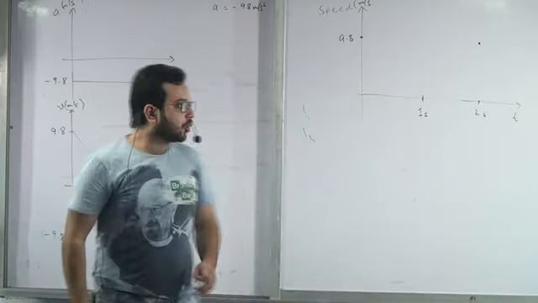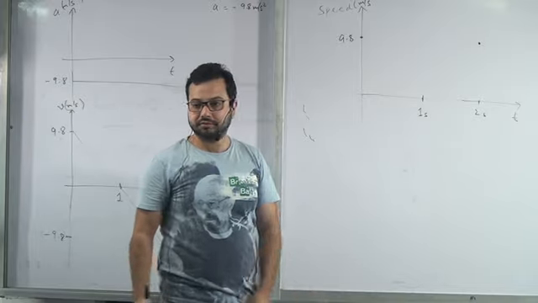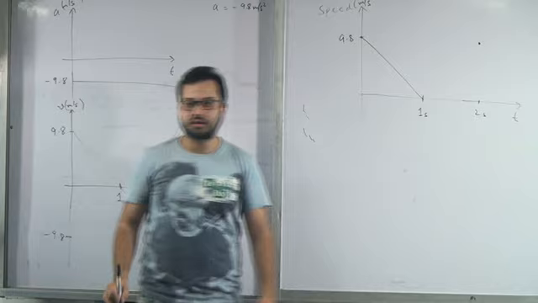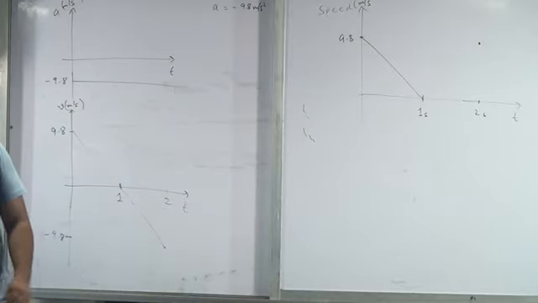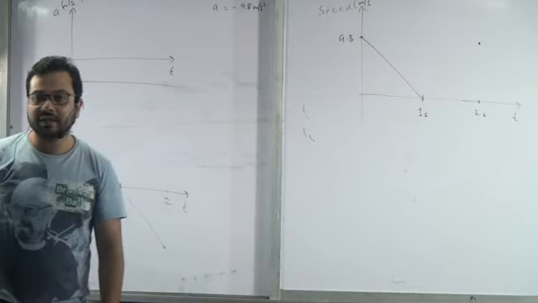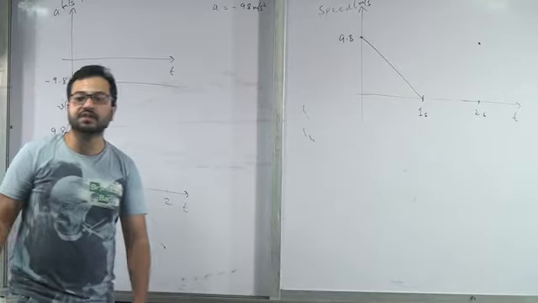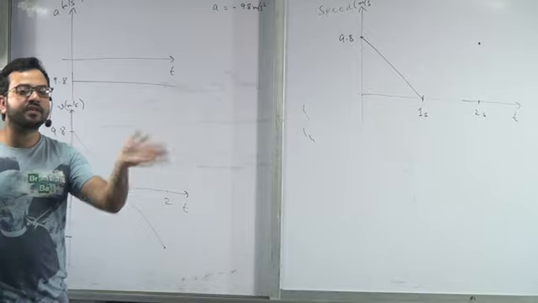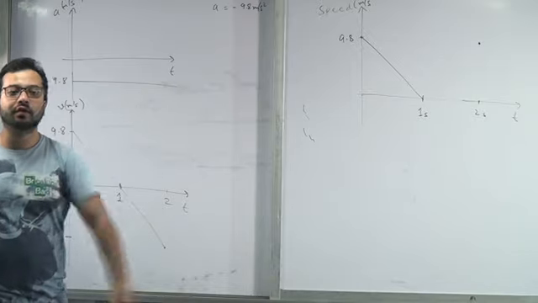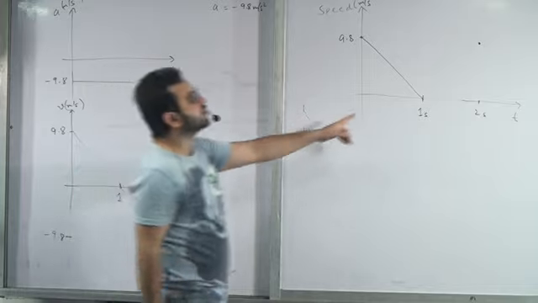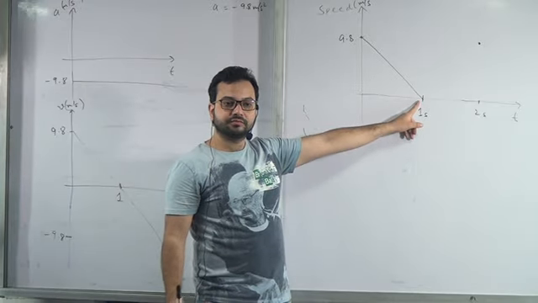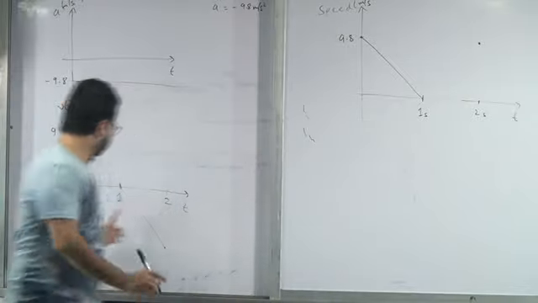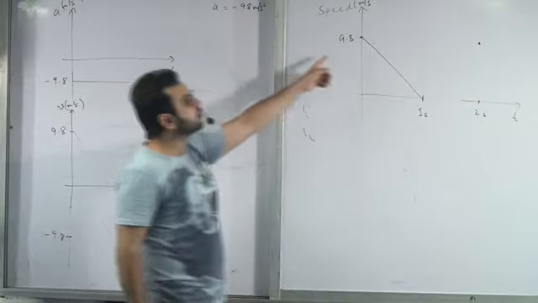How should I join these 2 points? Because until the particle changes direction, the velocity and speed will be the same, since displacement and distance are the same. The particle changes direction at this point. So this part will be identical to the velocity-time graph.